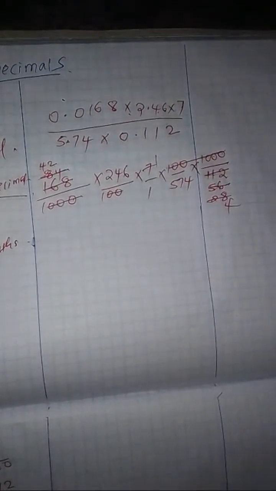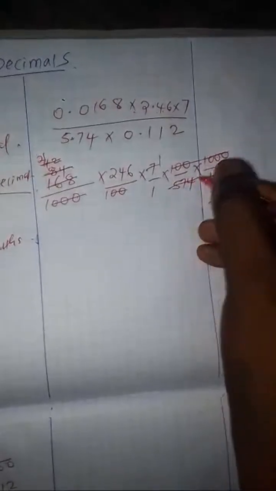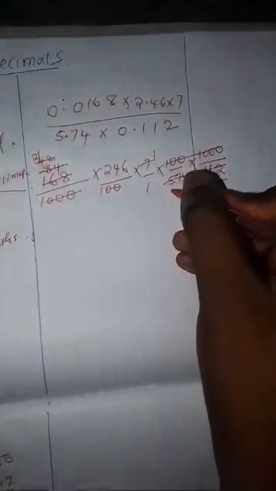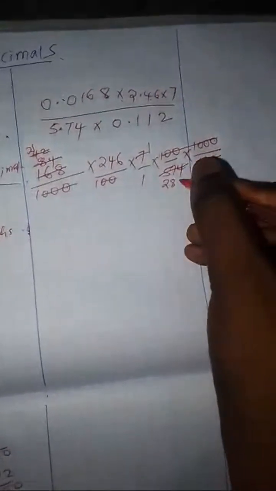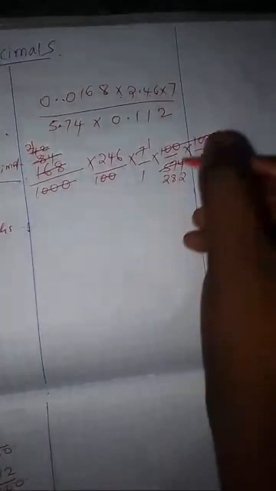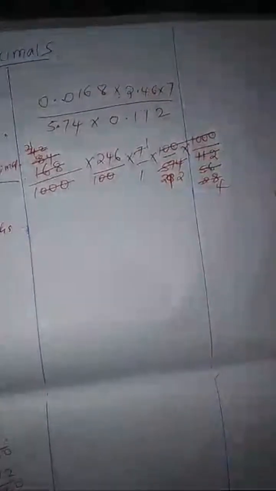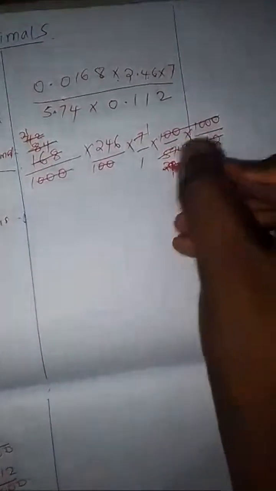Let's pick 2. 2 goes into 42 21 times. 2 goes into 574. Let me confirm: 574 divided by 2. 2 goes into 57 28 times, that is 56.